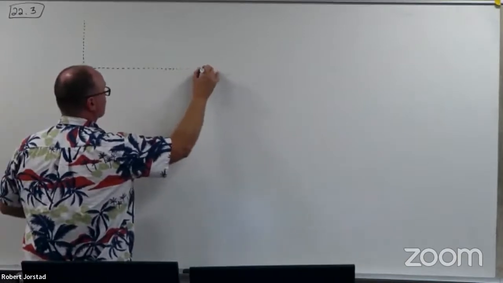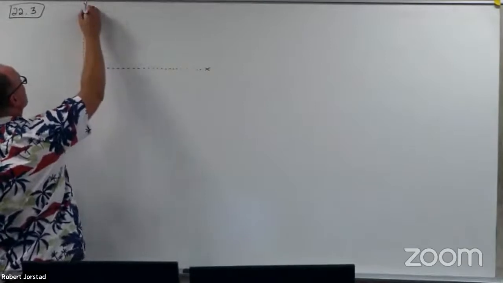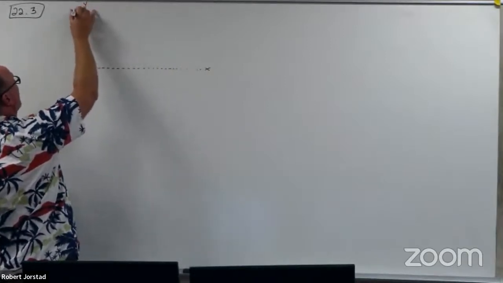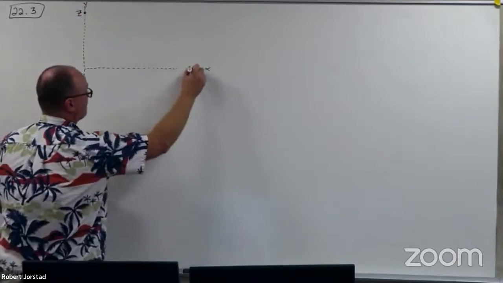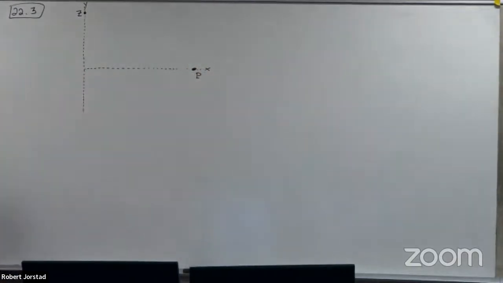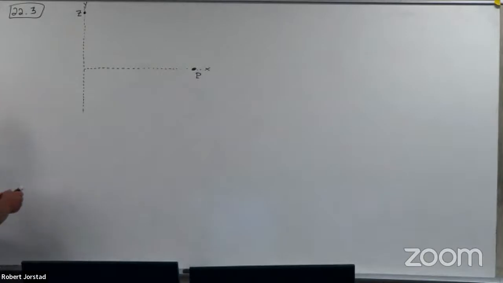This is the x-axis, and this is the y-axis. There's going to be some point up here. I labeled this point Z. I labeled this point P, just to give them names. So now instead of just having the origin, we've got the origin, the point P, and the point Z. These might be potential points of interest.